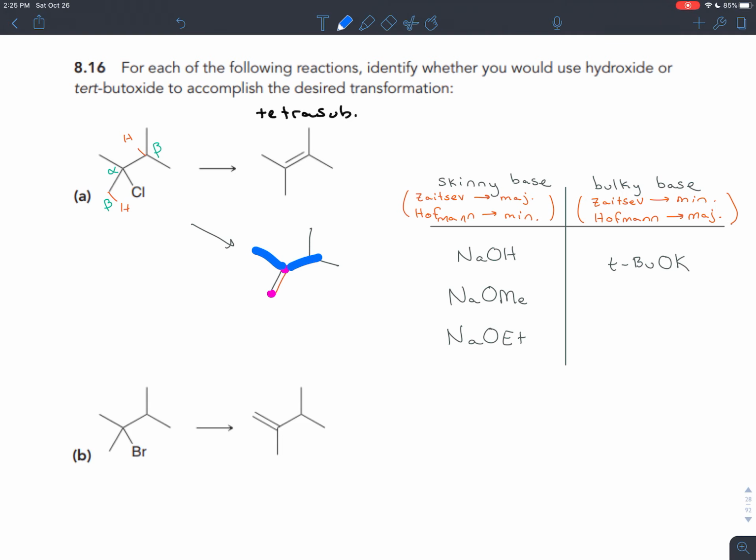How many carbons coming off of those? 1, 2. That is disubstituted. And so this tetrasubstituted product is the more stable one, and that's called the Zaitsev product. The less substituted product is the less stable one, and that's called the Hofmann product.